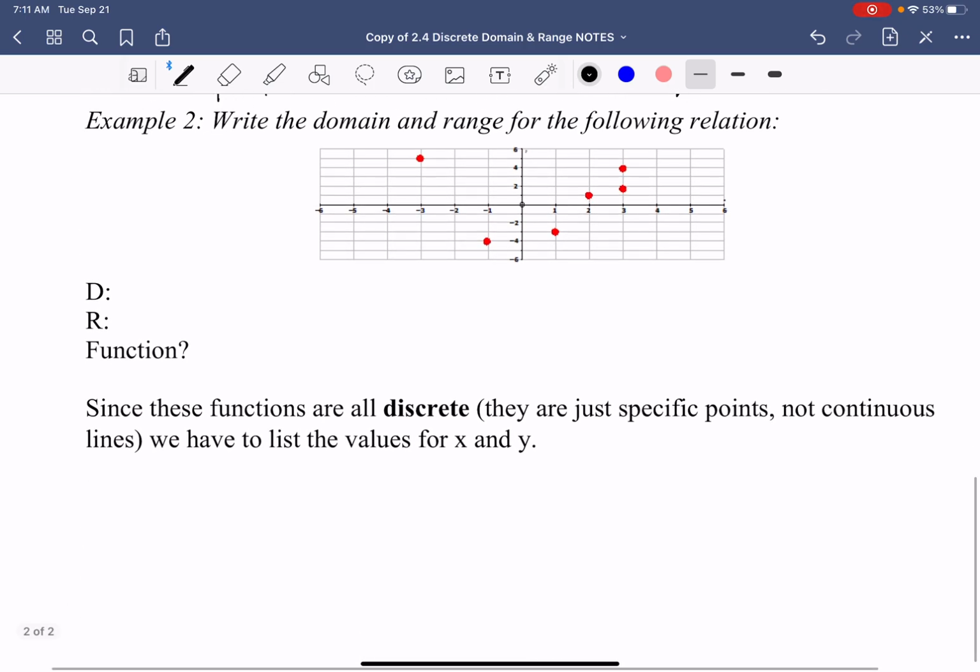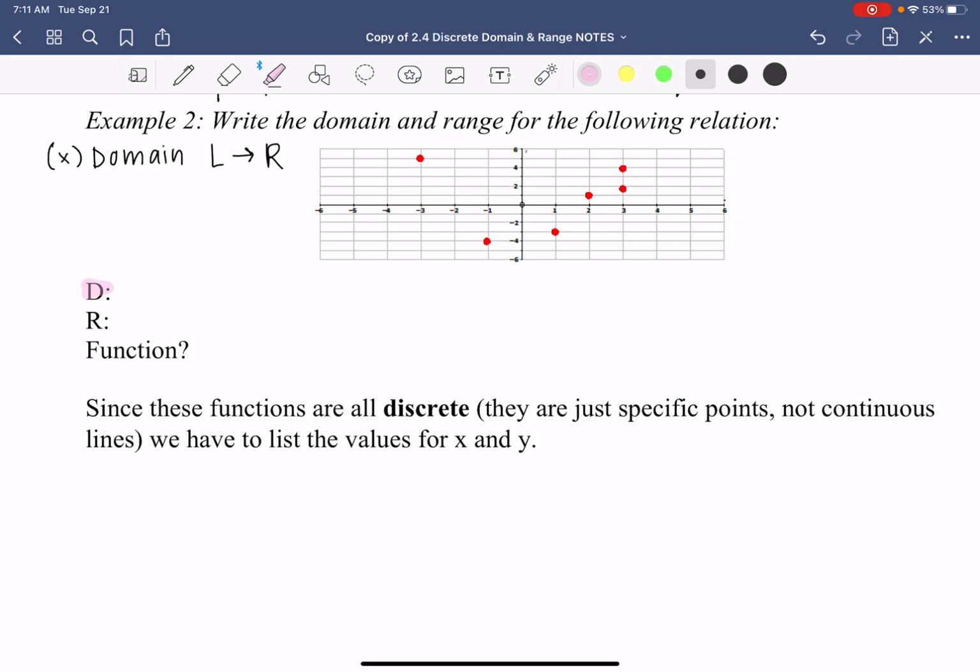All right, write the domain and range of the following. Okay, so this is where I'm going to rely on domain goes from left to right, and it's based off of the x-axis. So my x-axis is right here, and I'm just going to go from left to right.